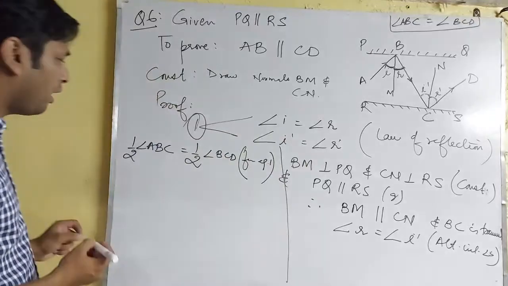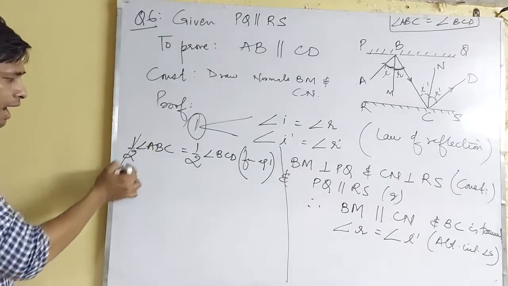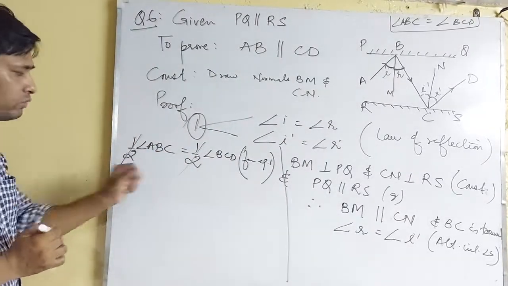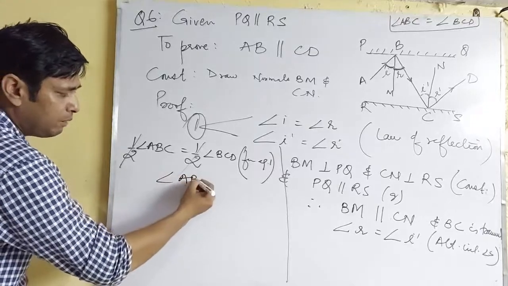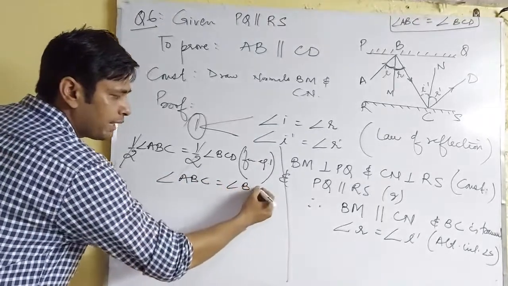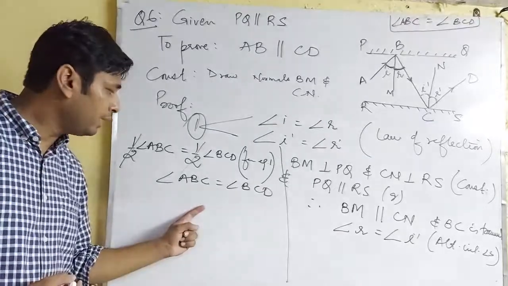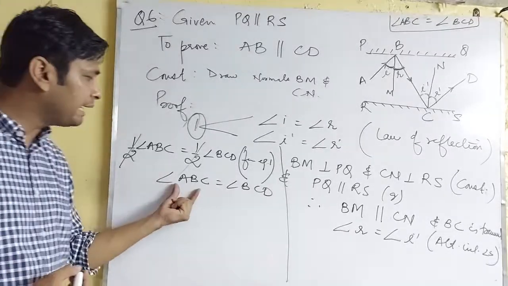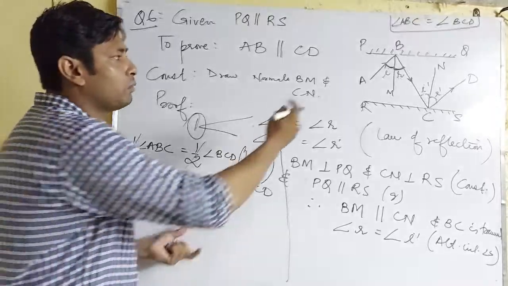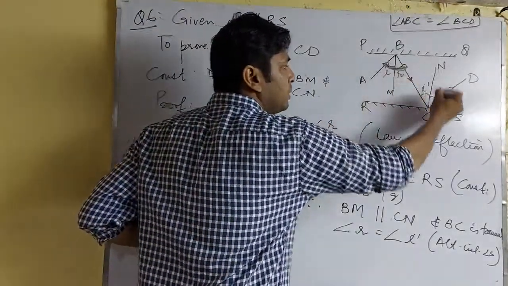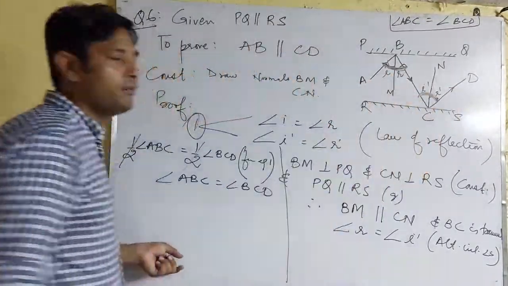Now we'll cancel the half from both sides, and angle ABC is equal to angle BCD. That was our ultimate target. We wanted to prove angle ABC and angle BCD equal. Why?